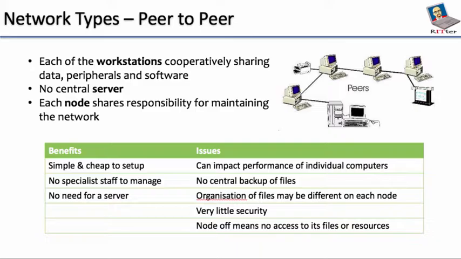And you might have a printer plugged in there somewhere as well. But there wasn't really a central storage server, so to speak. There might have been a main computer in that sort of network, but essentially they were all nodes on that network in a peer-to-peer arrangement, where they were all pretty much at the same level.